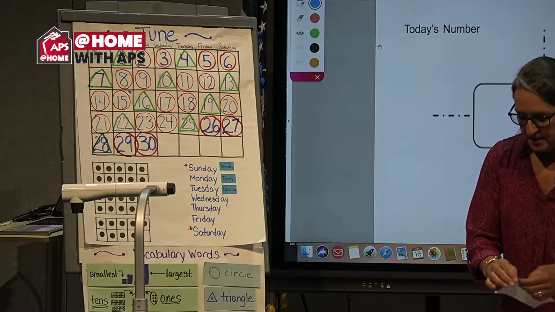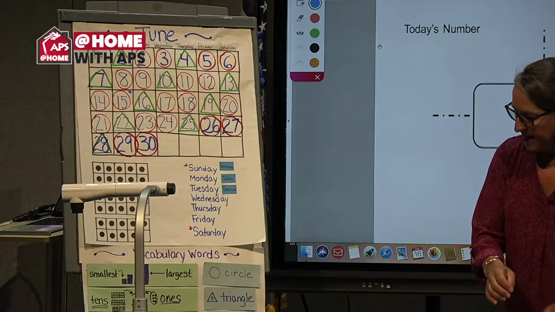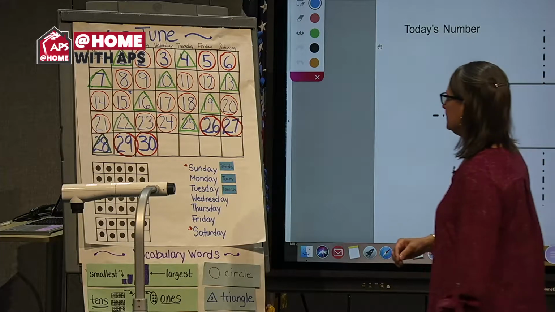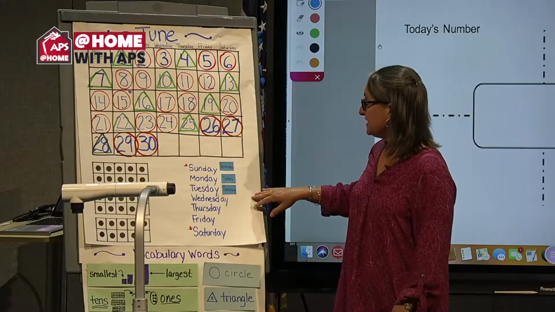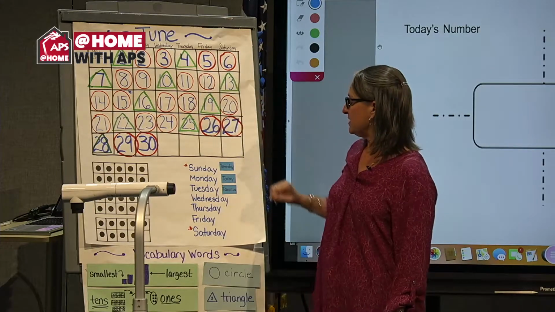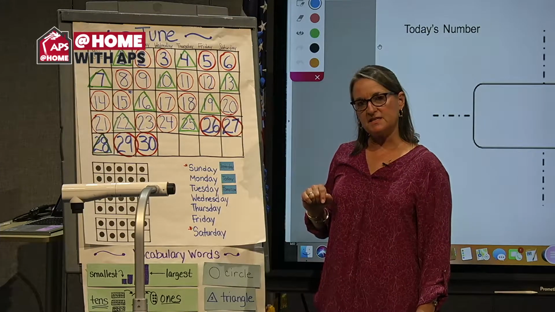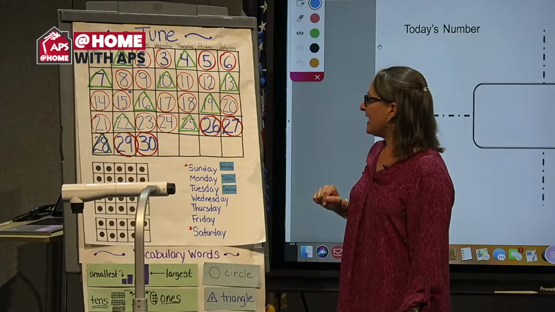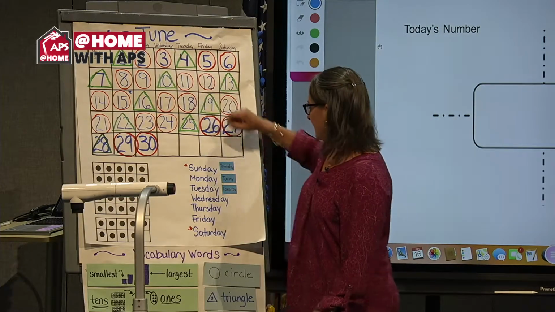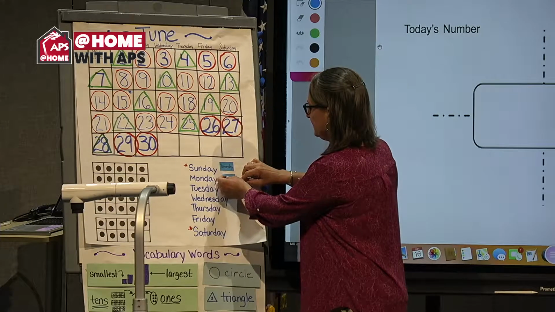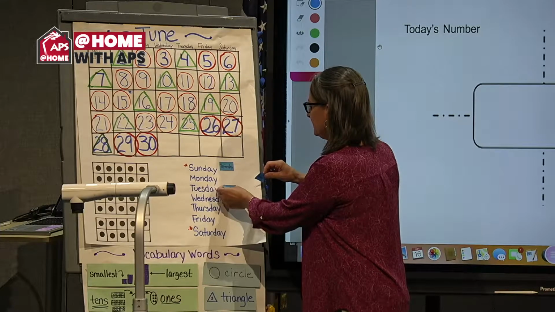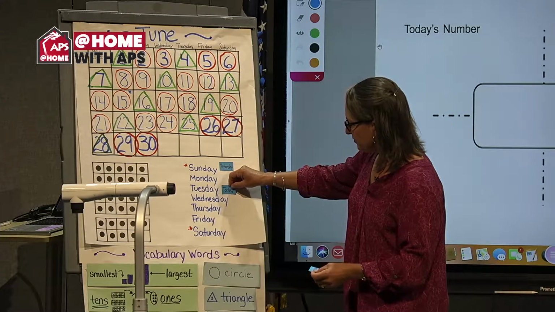Let's go ahead and talk about today. So today is the 30th of June, we know that. What day of the week is it? Today is Tuesday, isn't it? So let's move around our today, tomorrow, yesterday labels.